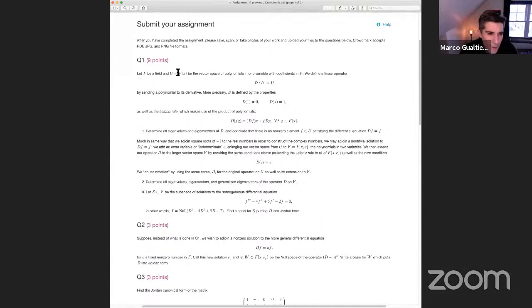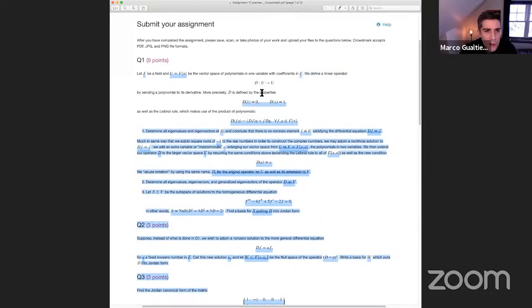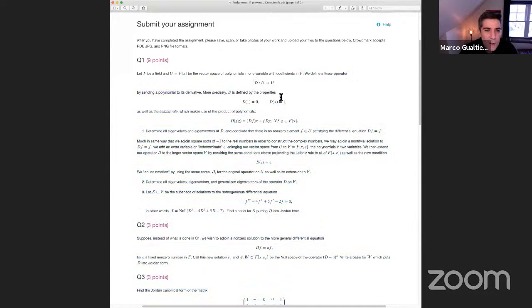Anyway, if you have this algebraic version of functions, these polynomials, then you can define a differentiation operator, d. In these three lines, I give a definition of the derivative which doesn't require you to know anything about differentiation of functions.